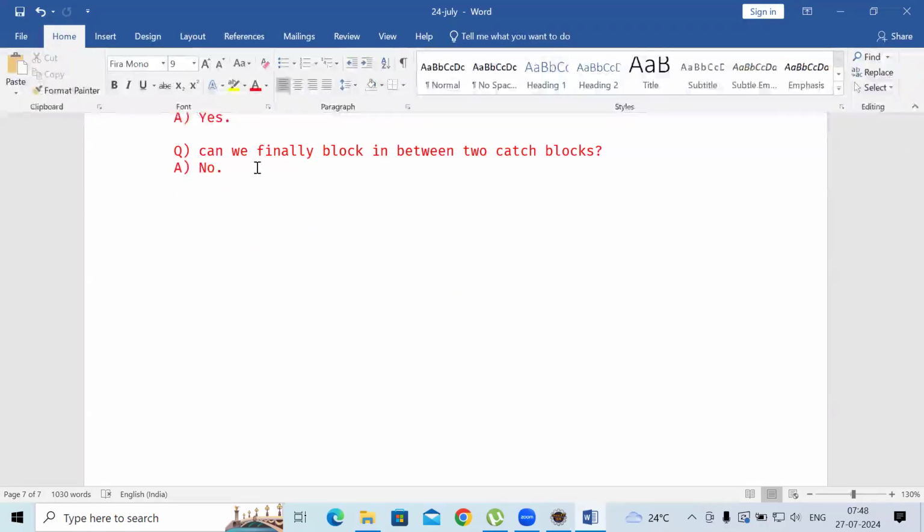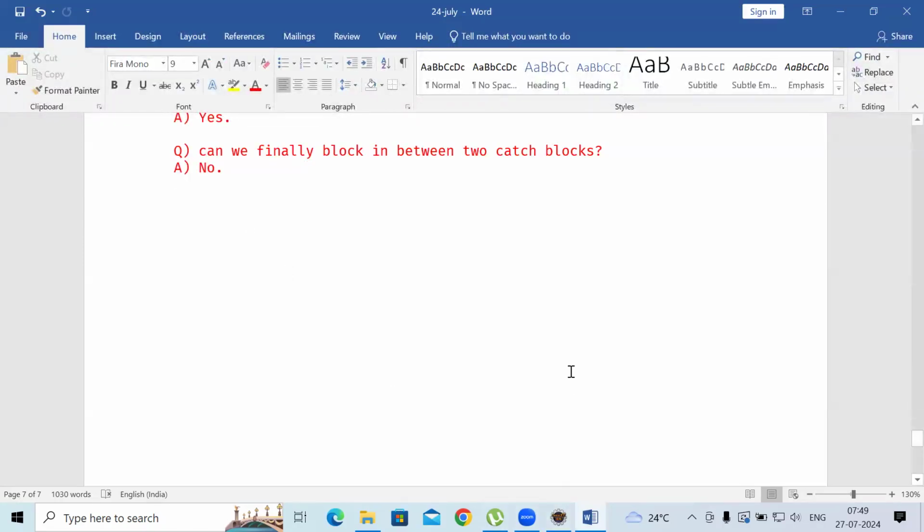Finally should be last, after the catches. Suppose you have two catch blocks. Can I write the first catch block followed by a finally block, then followed by a catch block again? No. That's the meaning of in between. Answer is no. We can't do that.